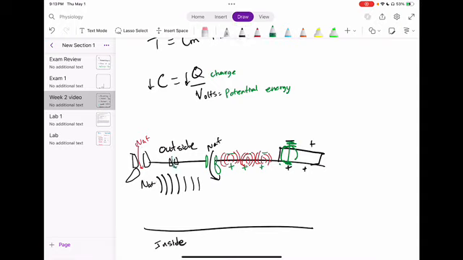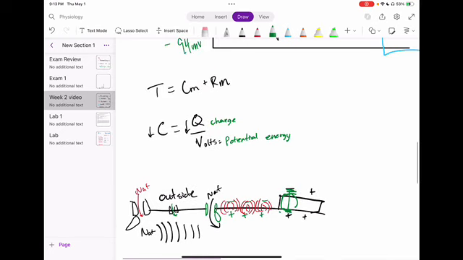As membrane resistance goes up, we have fewer of these channels open. So if these are somehow closed, our resistance in the membrane will go up.